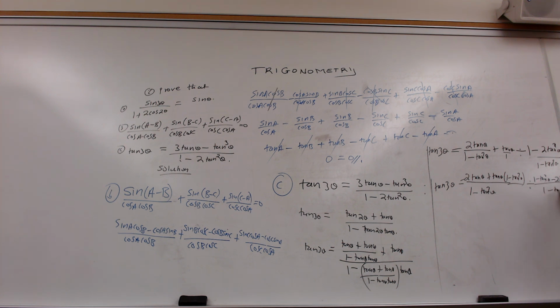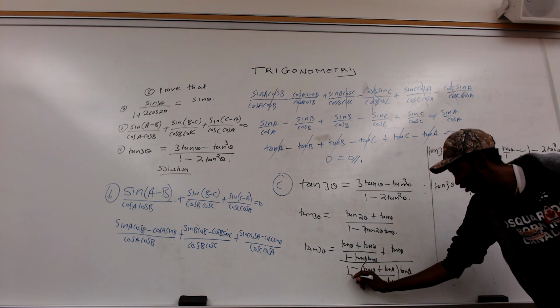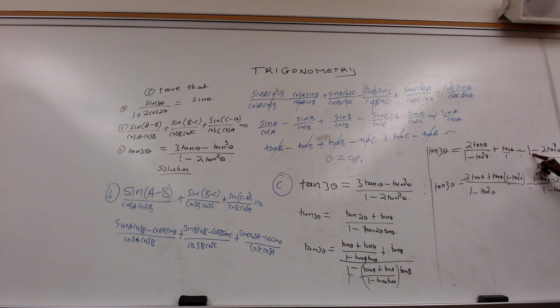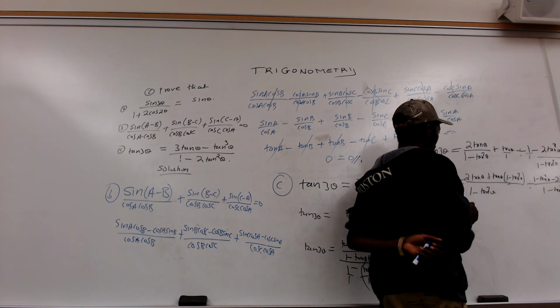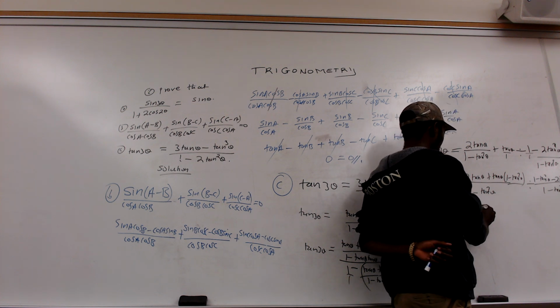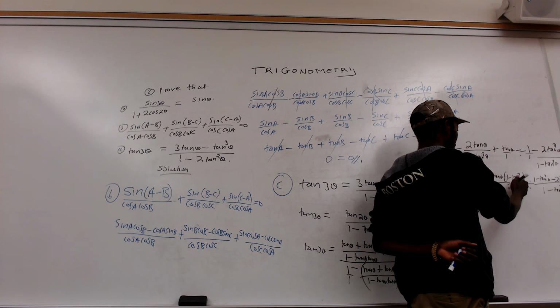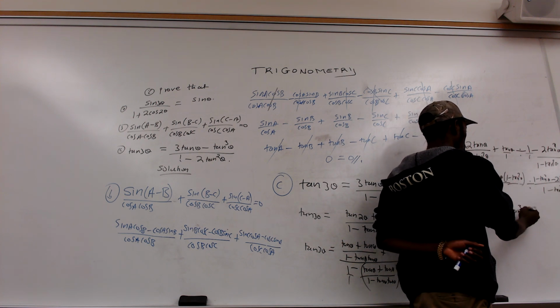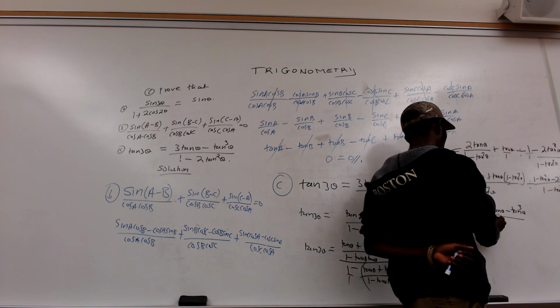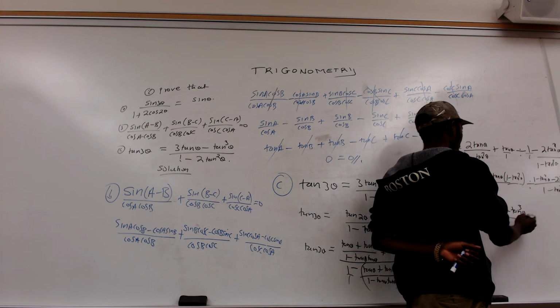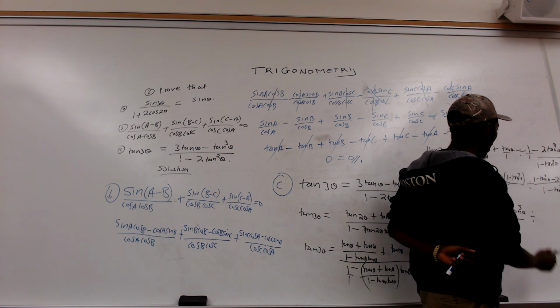If we expand this value, 2 tan theta plus tan theta times 1 is tan theta, minus tan theta times tan square theta gives tan cube theta, divided by 1 minus tan square theta.